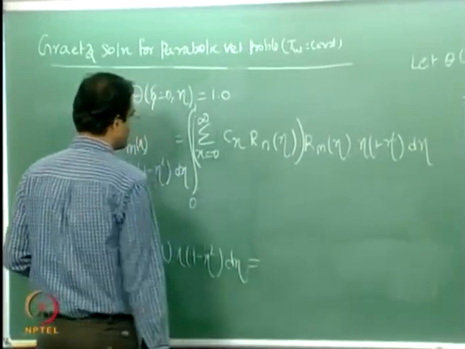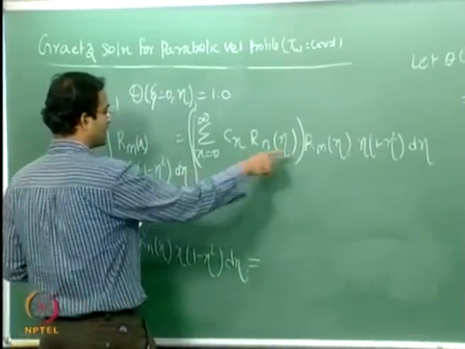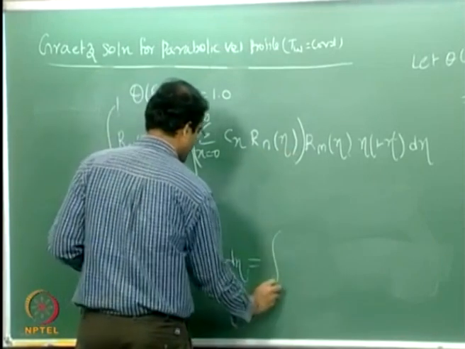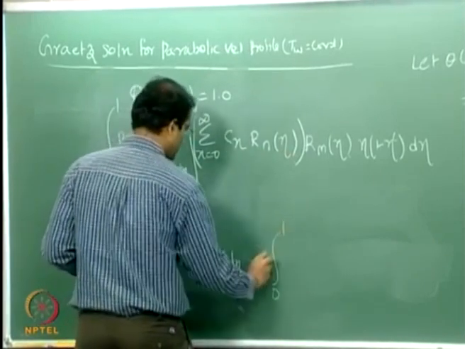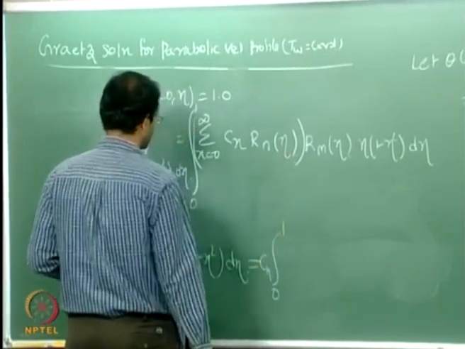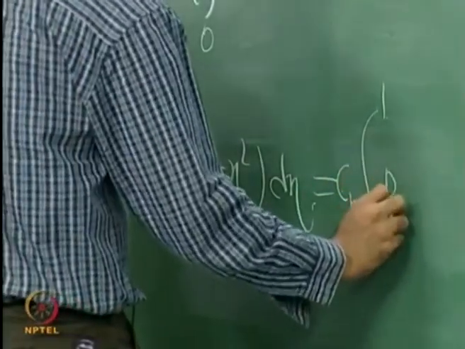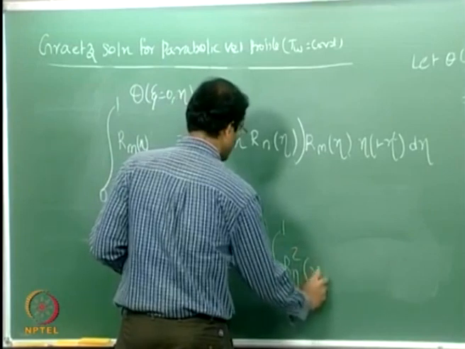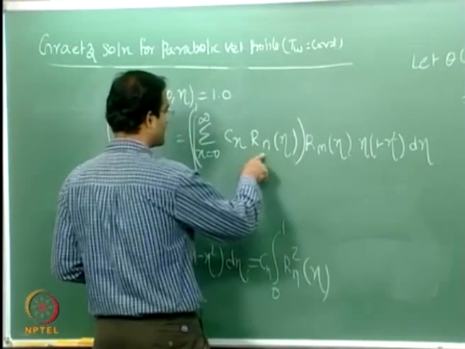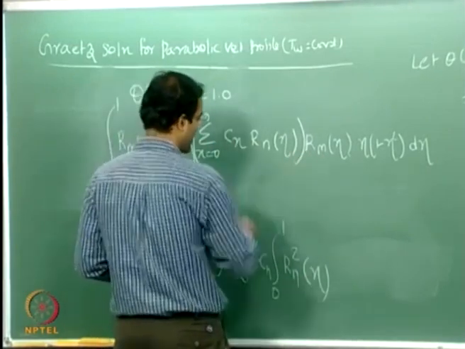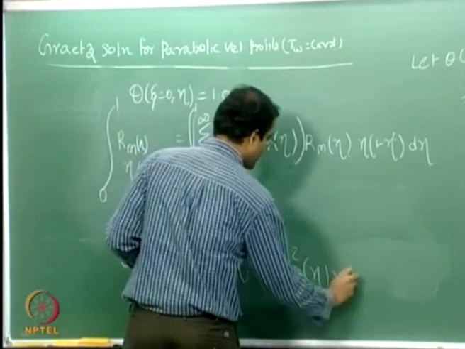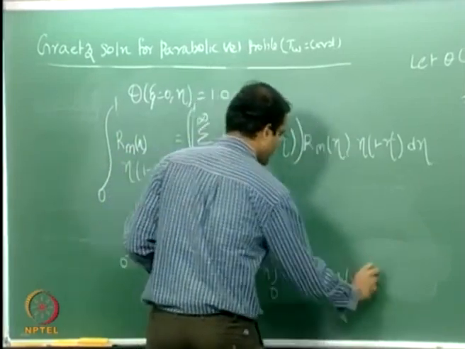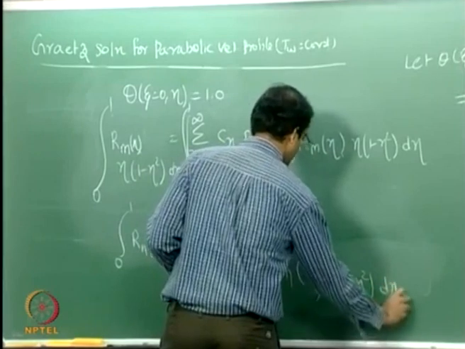On this side you can sum only if m equal to n, so this will be 0 to 1 and the constant can come out. This will be Rn square of eta, because if m equal to n then only this will be non-zero, so this will be Rn square eta into 1 minus eta square d eta.